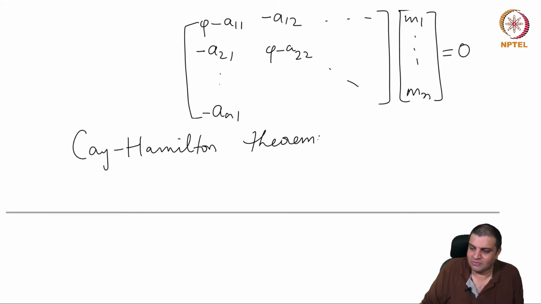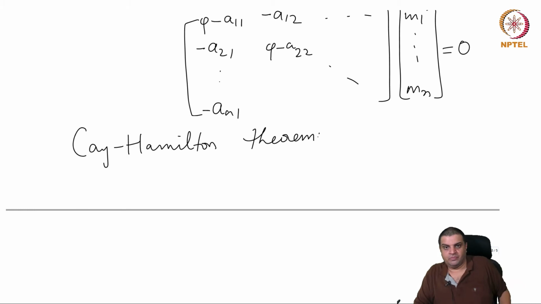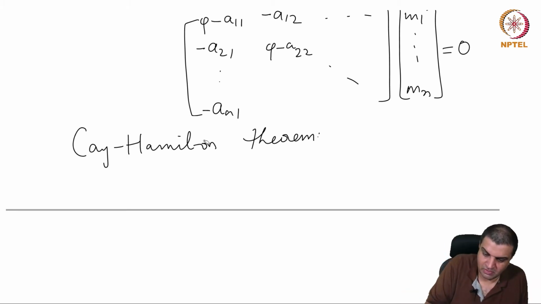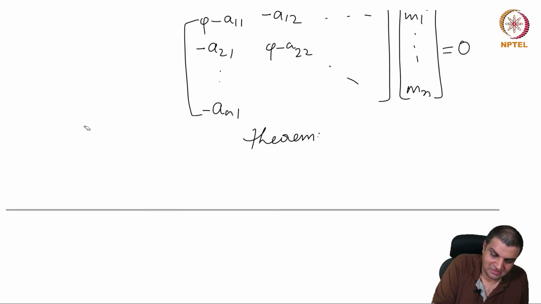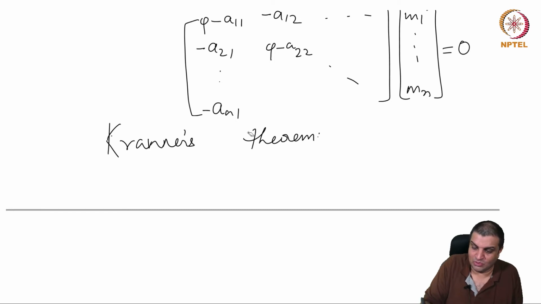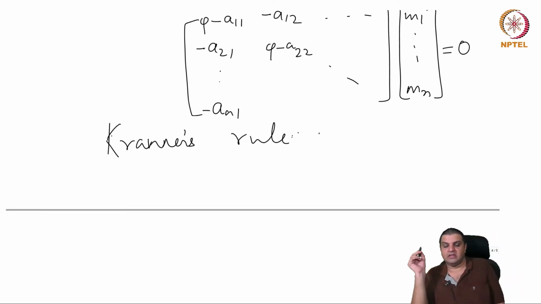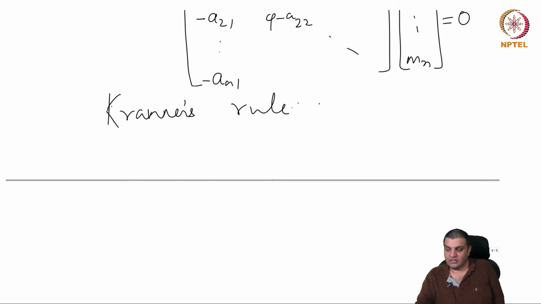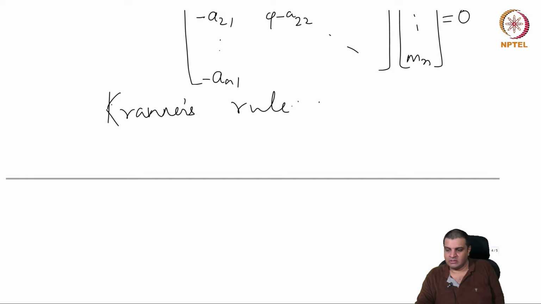In linear algebra, we use it to find the inverse of an invertible square matrix by taking the adjoint and dividing by the determinant.